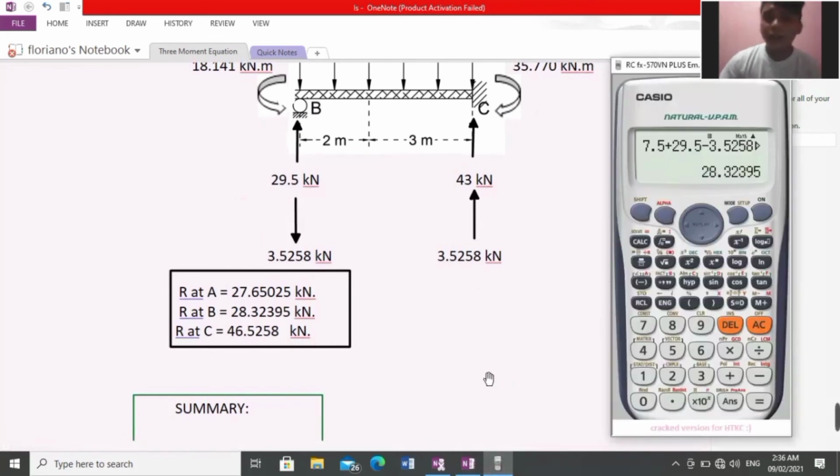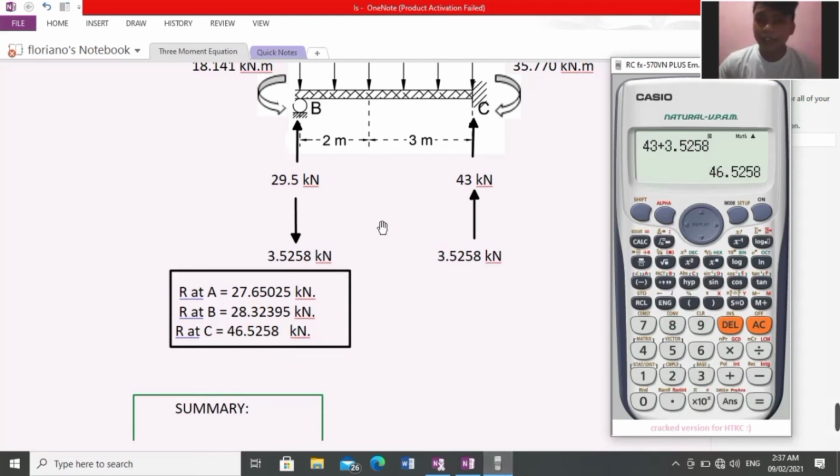So, tama yung nakuha natin. So, kilonewton dapat ang kanyang units. Kasi forces siya. So, dito naman tayo sa reaction sa C. So, 43 plus 3.5258 is equals to 46.5258 kilonewton. So, yun. Nasolve na natin lahat ng reaction.